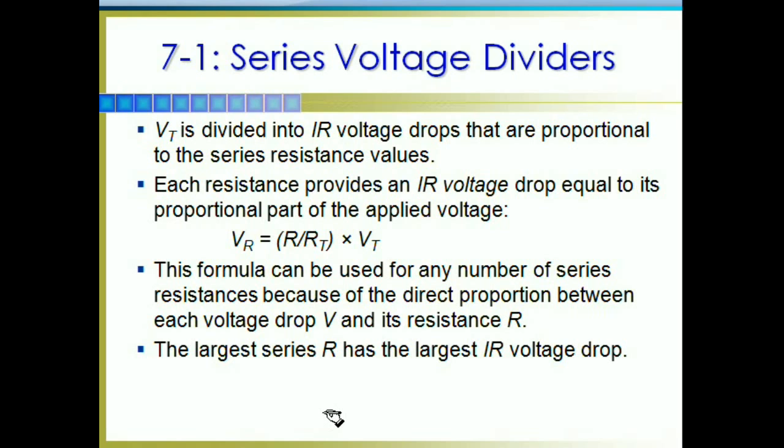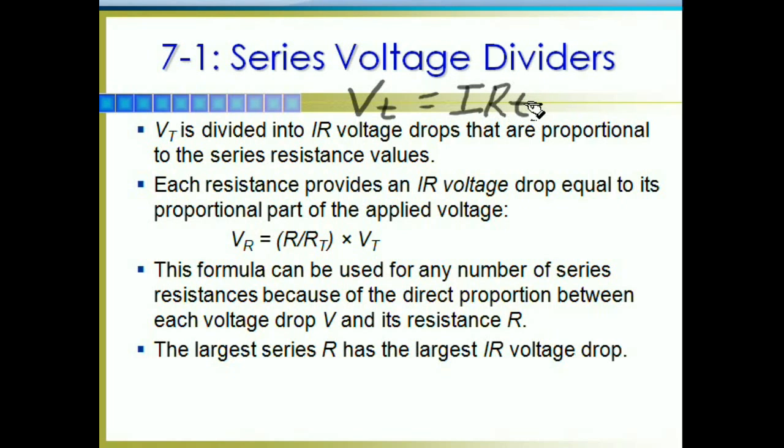What we've looked at in the past for Ohm's law and series circuits, we noticed that the total voltage equaled the current, because as we recall, current in a series circuit was constant, which means all resistors had the same current, times the total resistance.